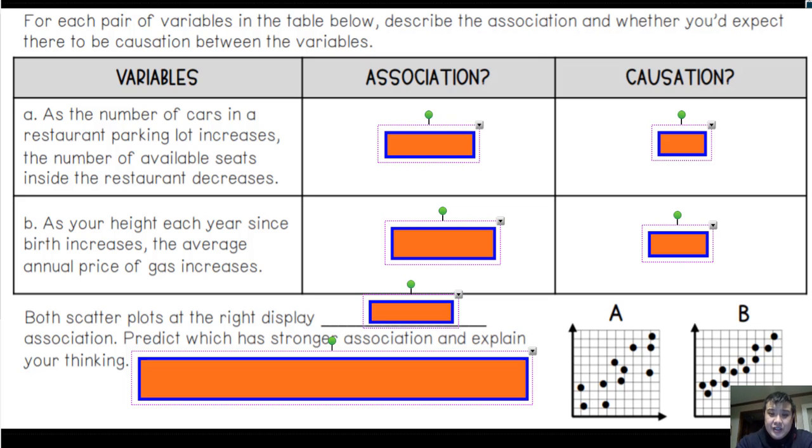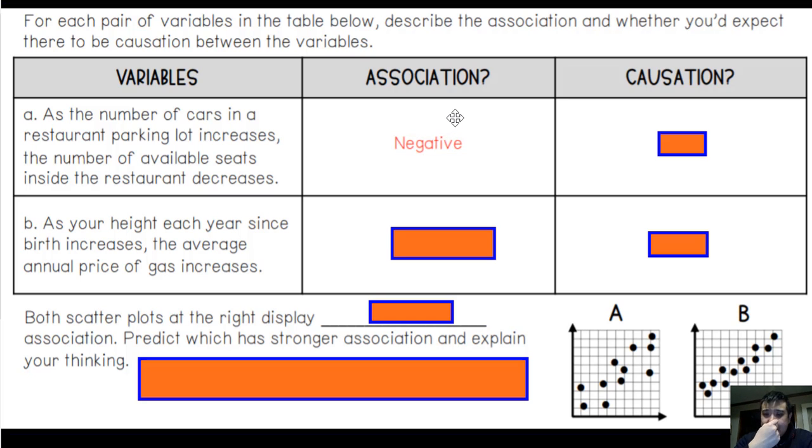It seems there is an association. There should be a negative association, right? As the parking lot fills, the number of available seats decreases, so that should be a negative association. And is there causation for this? Well, it makes sense, because the more people there are parking in the parking lot, the more people there are going to be inside the restaurant.